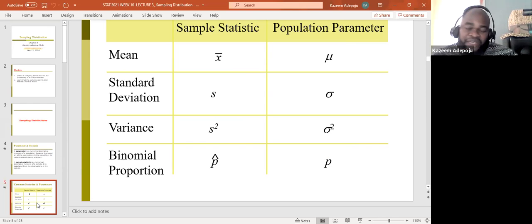We may want to find the standard deviation of a process, or the variance of a process. We may actually want to figure out the proportion. For instance, I may want to estimate the proportion of those who have a particular disease, or the proportion of females in the United States Congress.